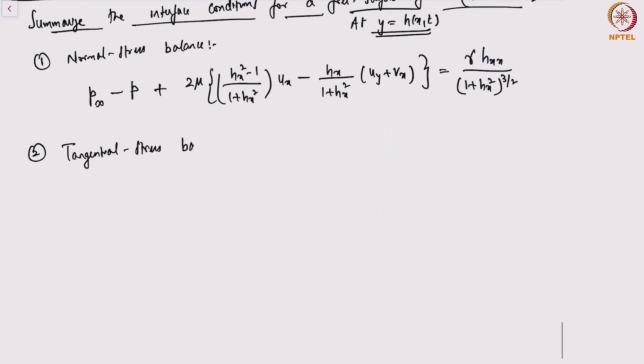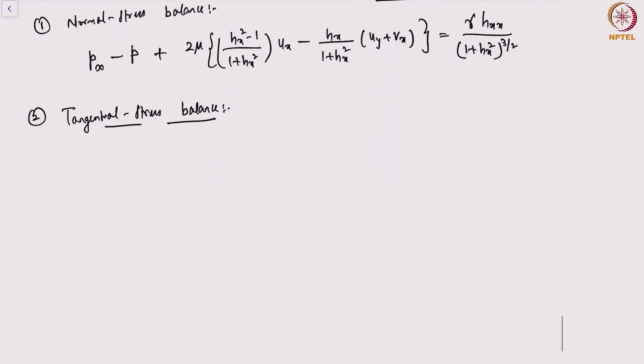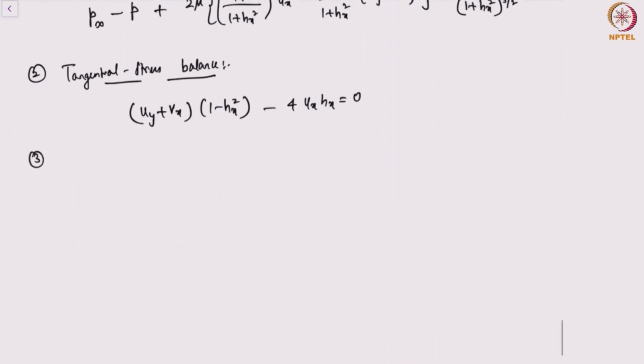The tangent stress balance essentially reduces to uy plus vx times 1 minus hx square minus 4 ux hx is equal to 0. That's the tangent stress condition. And finally we have the kinematic condition.